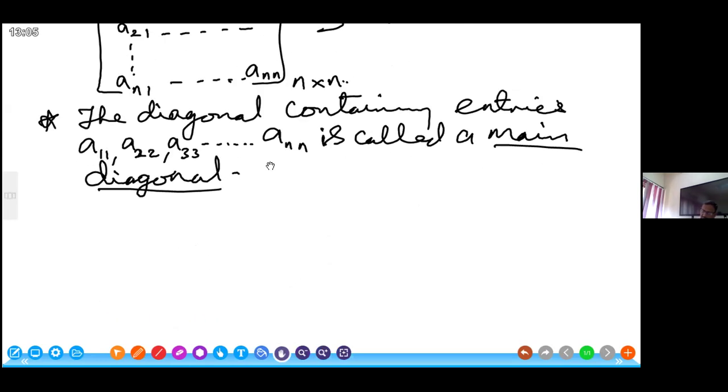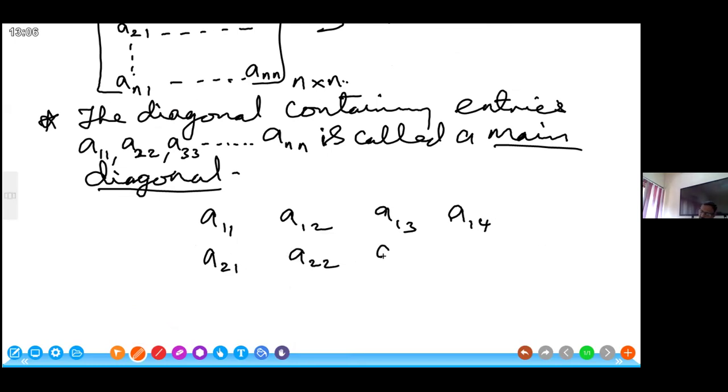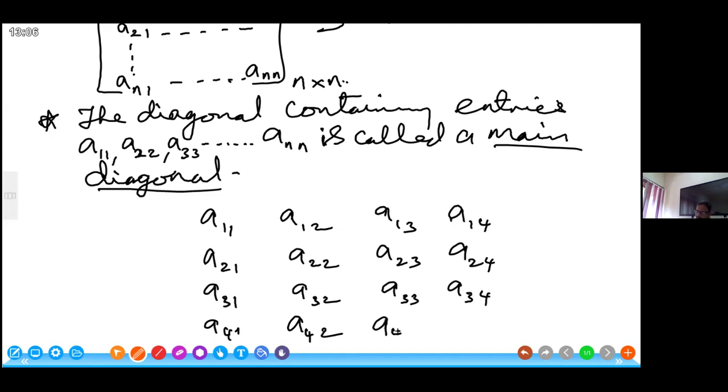For example, if you have a matrix A11, A12, A13, A14, A21, A22, A23, A24, A31, A32, A33, A34, A41, A42, A43, A44.